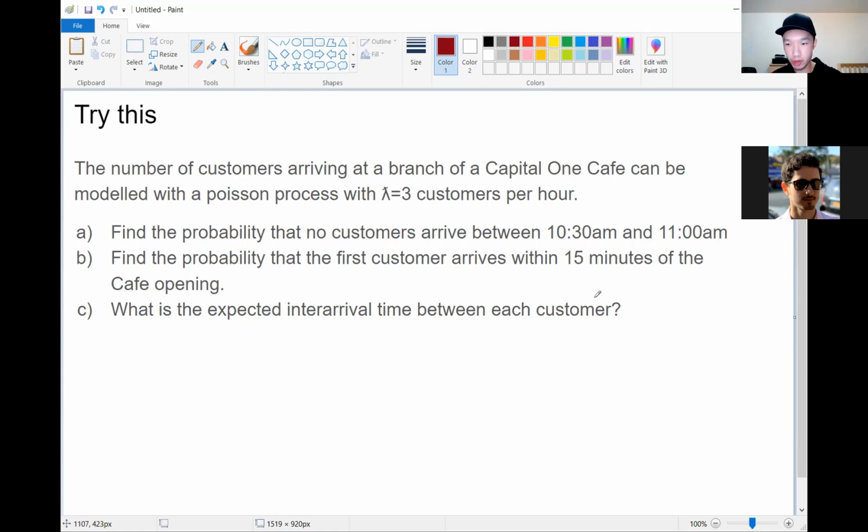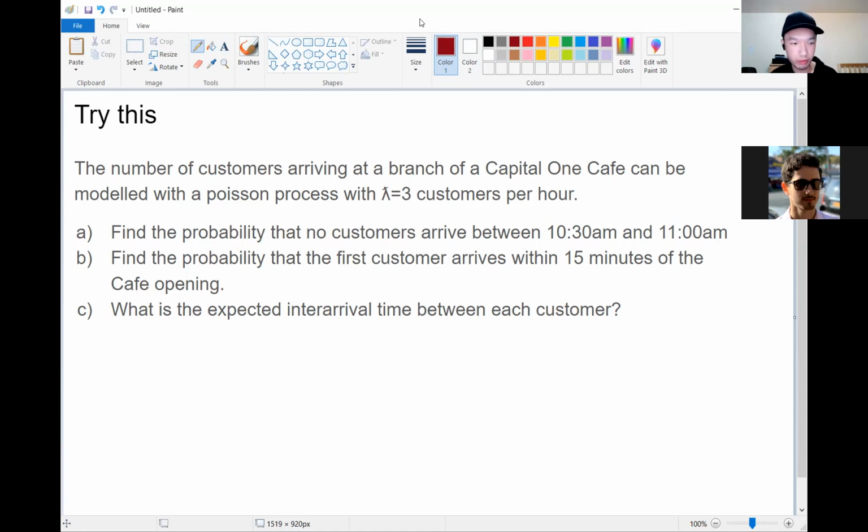The first thing we have to ask ourselves is, are we going to use the Poisson random variable or the exponential random variable? The way we decide is to ask ourselves, are we dealing with inter-arrival times or number of customers?